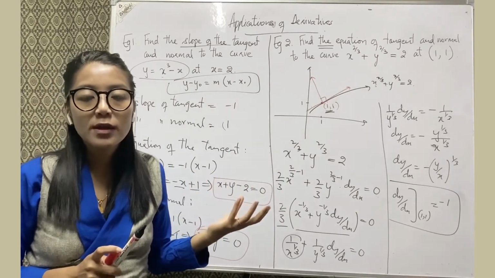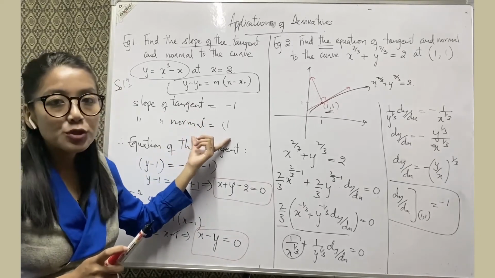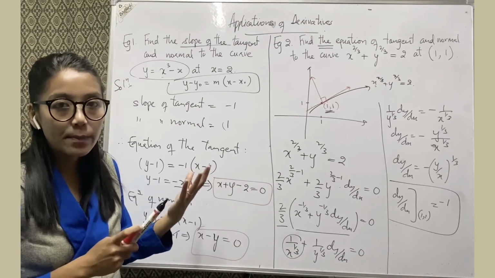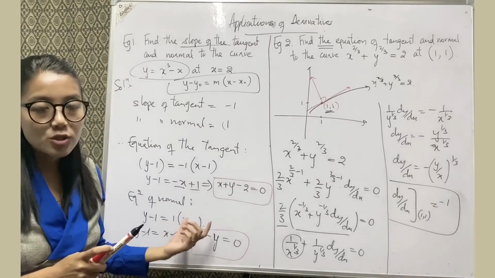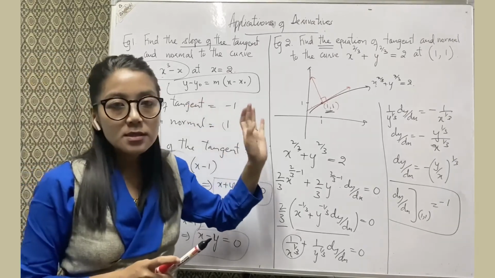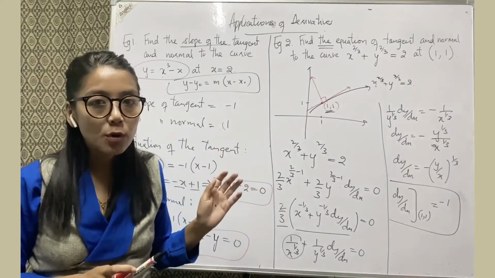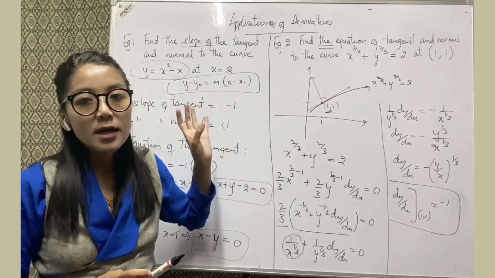Also if you are asked to find the equation of the normal, then with the slope of the tangent you can find the slope of the normal, because you know the relationship between two lines when they are perpendicular, and corresponding to that you will get the equation of the normal. So this is one type of question which may be asked under this topic.